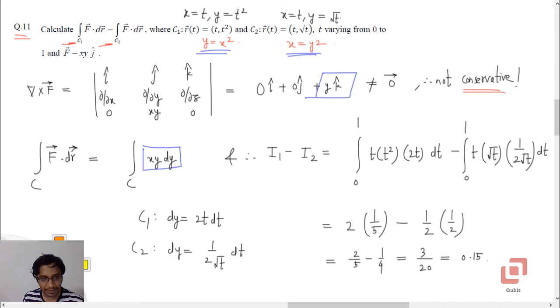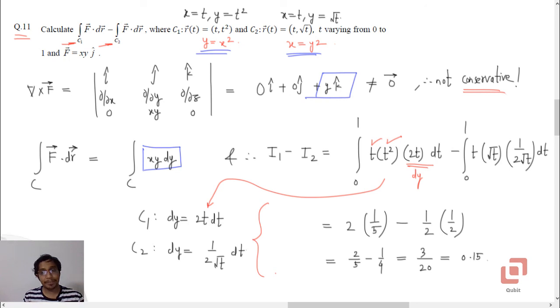This is very much like integration by substitution. Everything else will get replaced by appropriate functions of t. For example, in the first one we have got x as t and y as t squared, and this is playing the role of dy now, as discussed here. That is for C1.